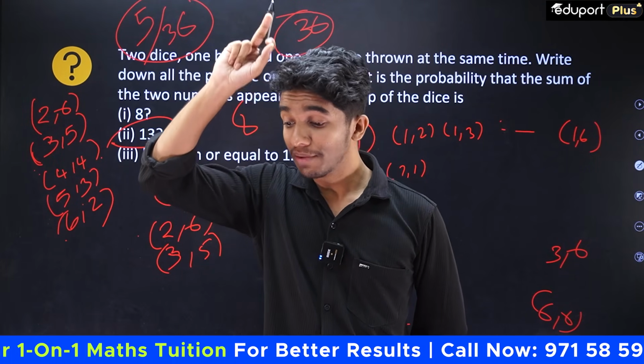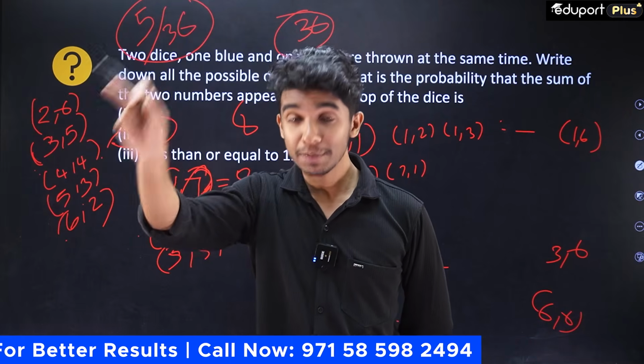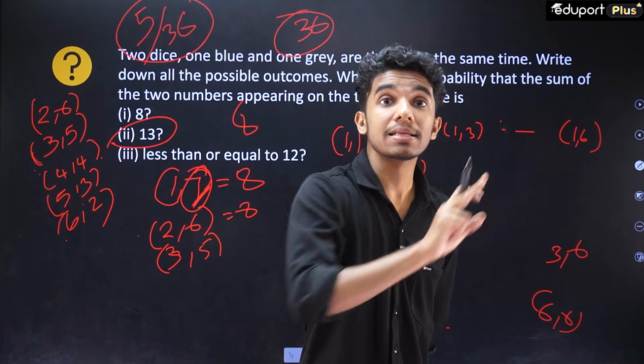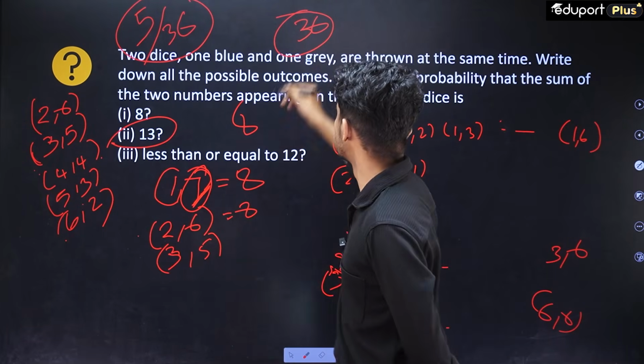If I add the maximum number of the first die, 6, with the maximum number of the second die, 6, 6 plus 6 is only 12.